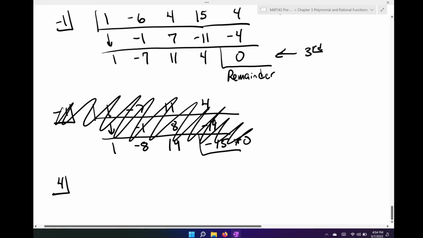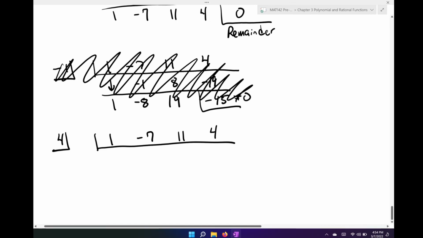So let's go ahead and try 4. And what's nice is since we already established that -1 is a 0, we don't have to redo all this synthetic division. We're just going to start with that third degree polynomial, 1, -7, 11, and 4. You don't have to restart the whole process.